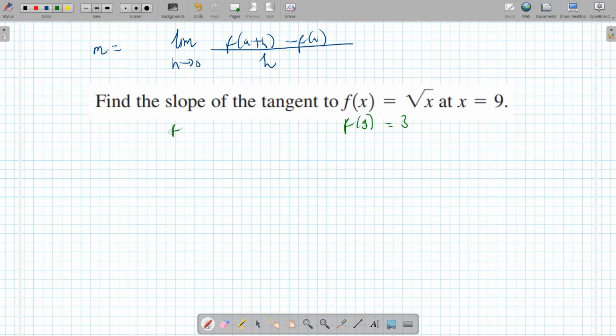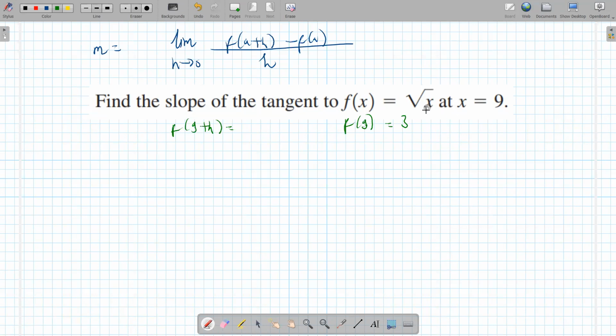What's f of 9 plus h? You might just, like we did last time, replace the x that you have with what you have in this bracket.